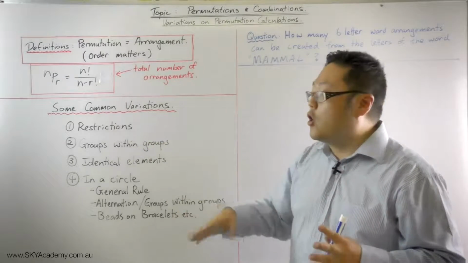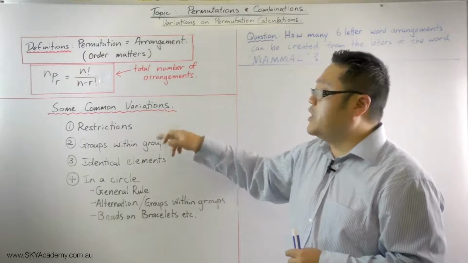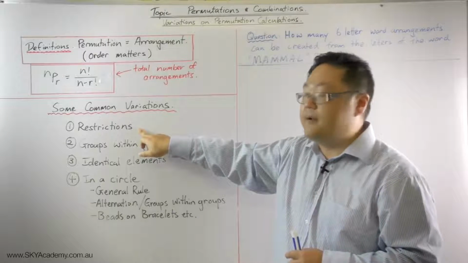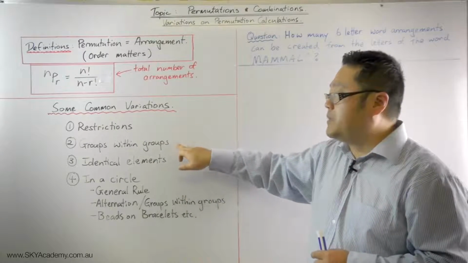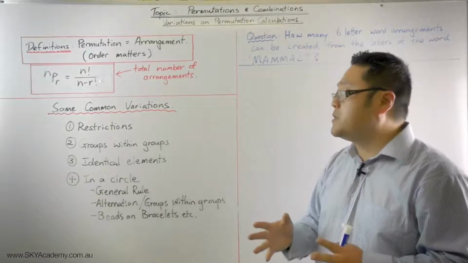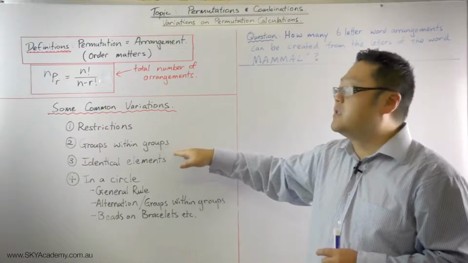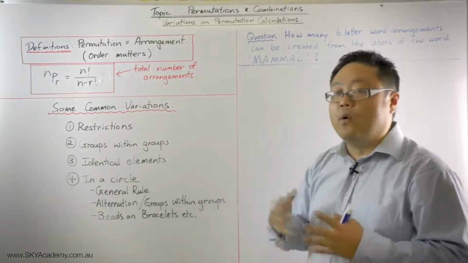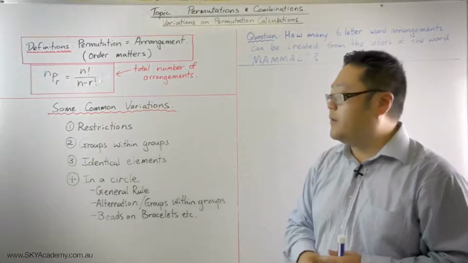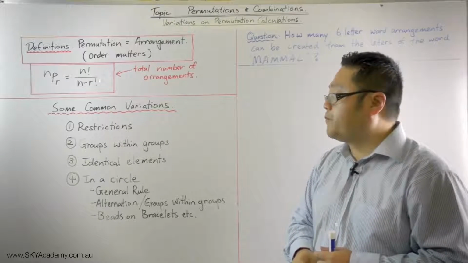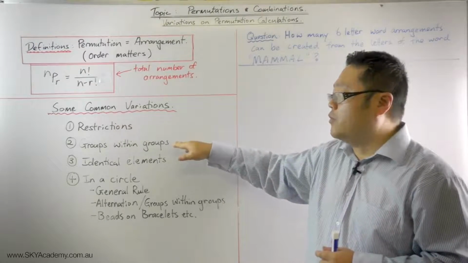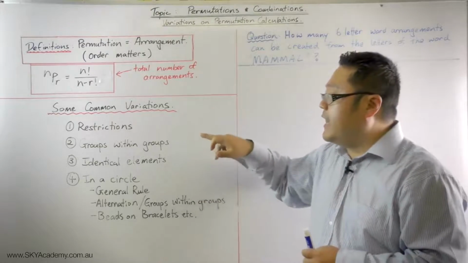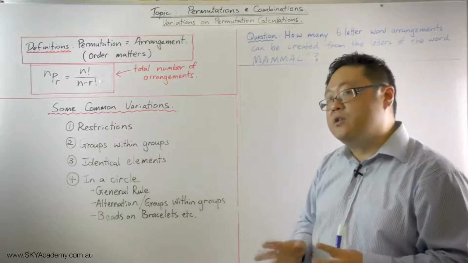Some of the common variations include restrictions, which we looked at in the last episode, I think, and groups within groups, right? And the variations of using this formula for groups within groups, or where you have a group where you've got subgroups involved. And now what I want to look at is identical elements.